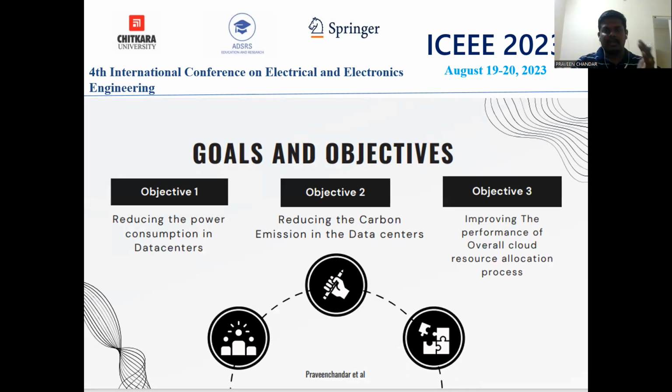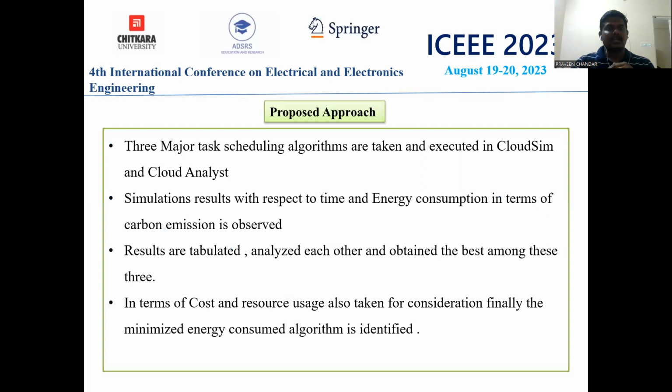By doing these two things, we can improve the performance of the overall cloud resource allocation process and the overall efficiency of the cloud environment. This is for objective 1, objective 2, and objective 3. We have tried to prove that one among these algorithms gives the optimized results.